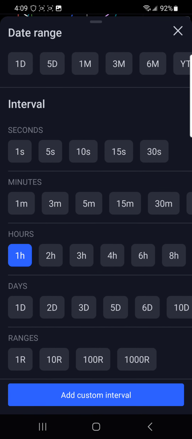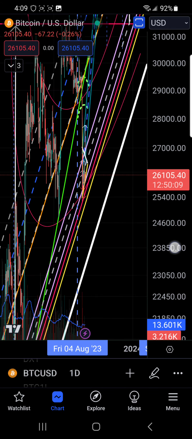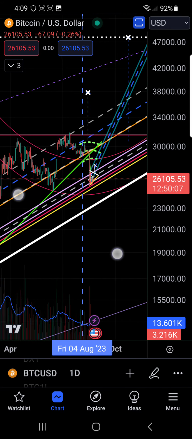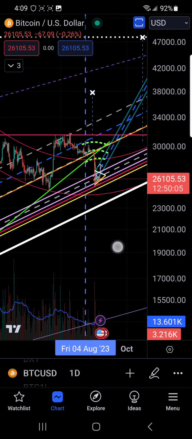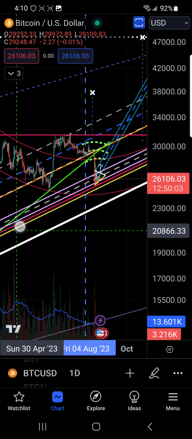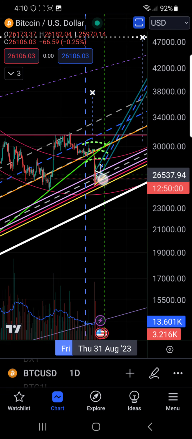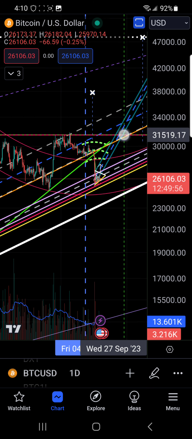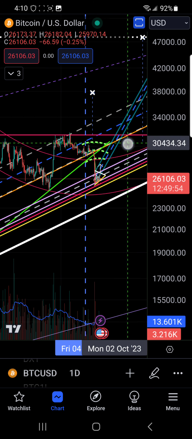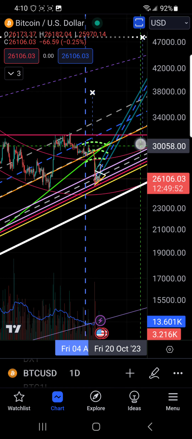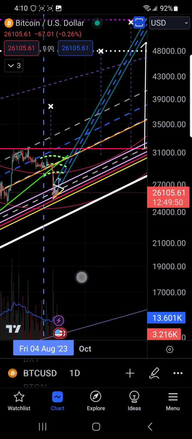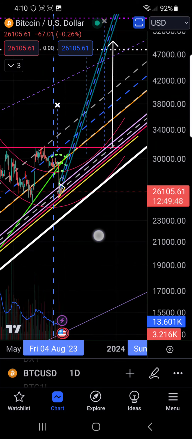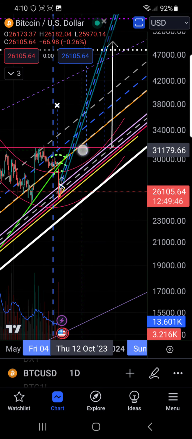And on the daily, you can see that we are trading at the base of our red triangle, probably headed up this way through September, maybe back down a little bit before finally busting out here sometime in this area.